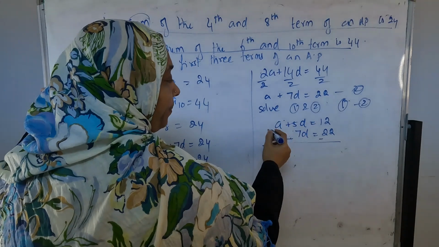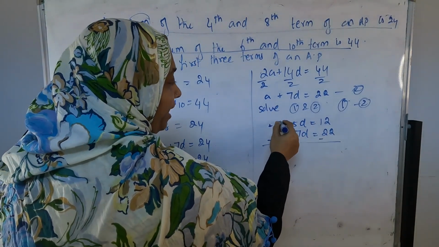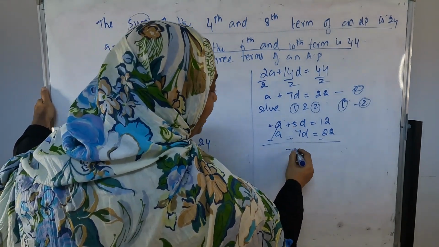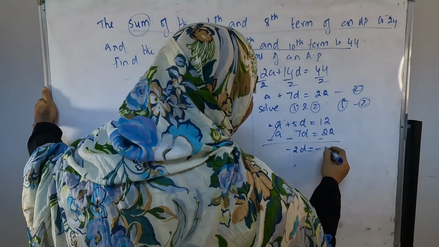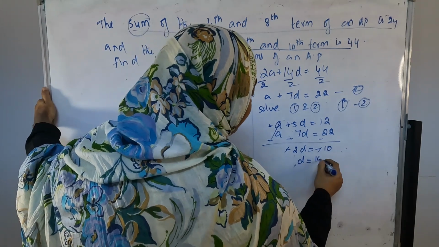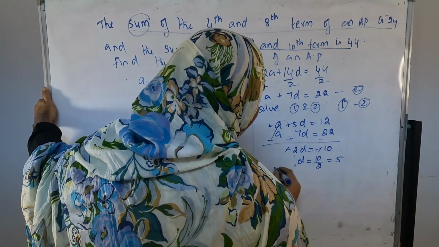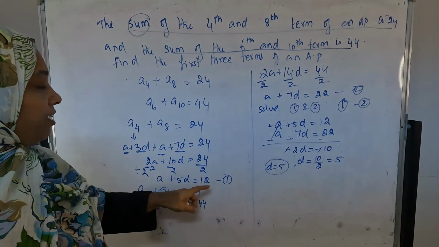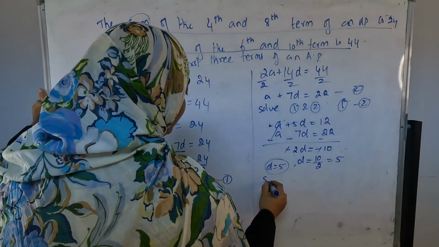Now a and minus a, 0, a cancelled. And 5 minus 7 is minus 2d. Here minus 10. So the minus cancels, and d is 10 by 2, it is 5. d is 5. Then substitute d in any one of these equations, and we will get a.